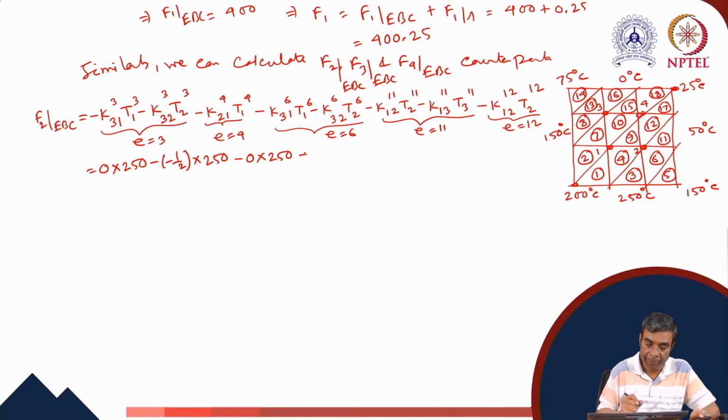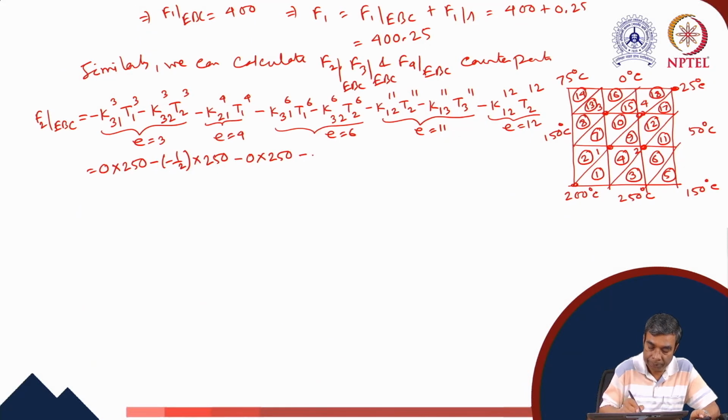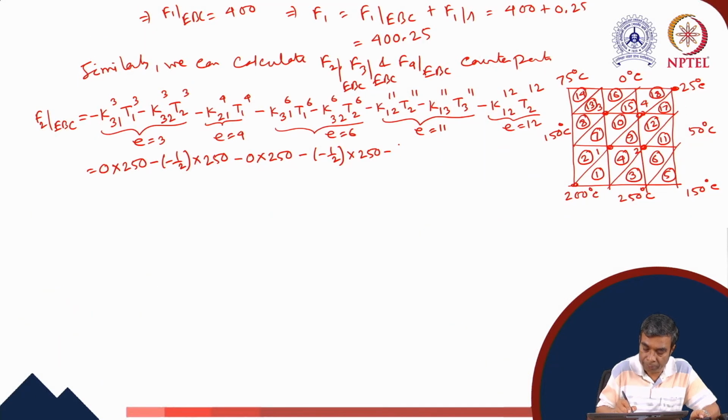Minus K316. K316 is minus half into T16, and T16 is 250. Minus K326. K326 is also minus half, so minus half into T26, and T26 is 50.